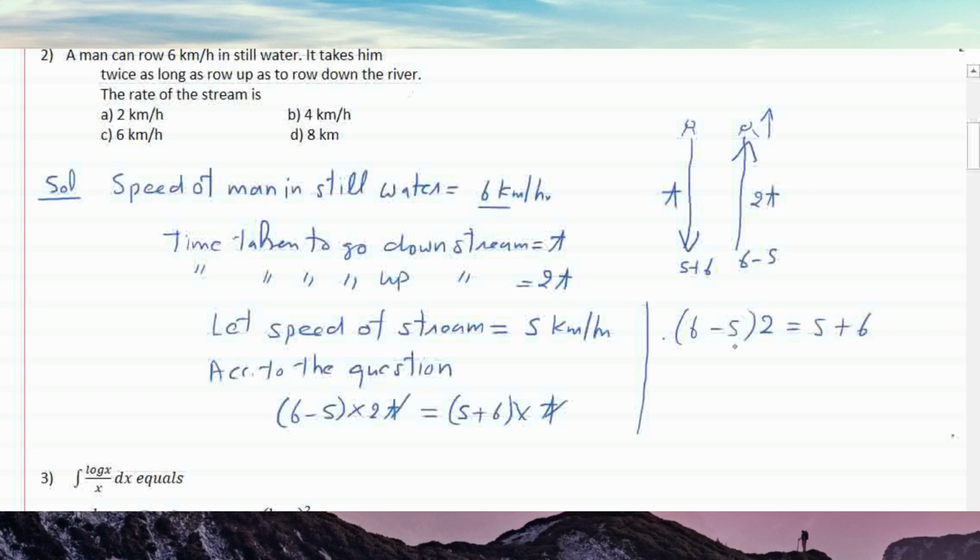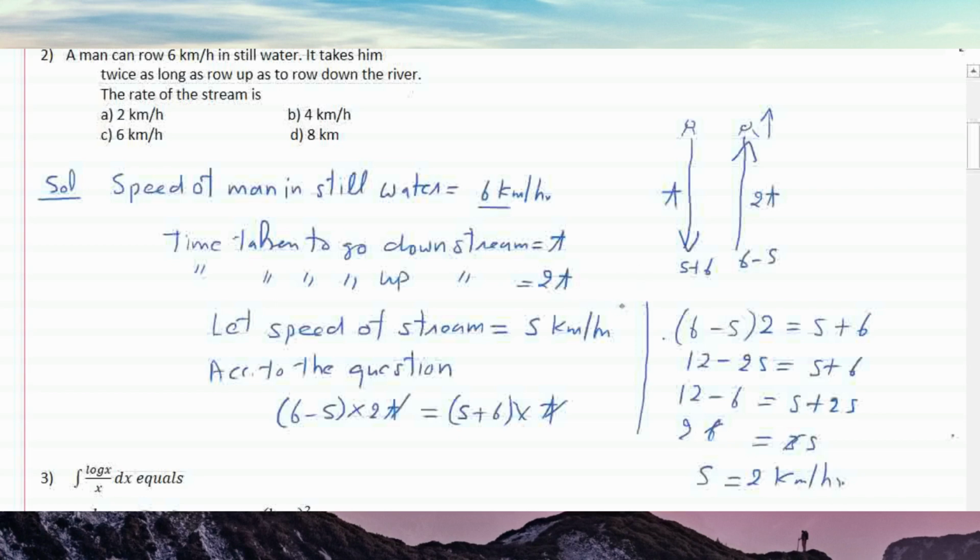Simplify it further, you get 12 minus 2s is equal to s plus 6. Simplify it further, 12 minus 6 is equal to s plus 2s, so you are getting 6 equal to 3s. From here you can find s, that comes out to be 2, right? So the speed of stream is 2 kilometers per hour, right? So this is your question number 2, children.